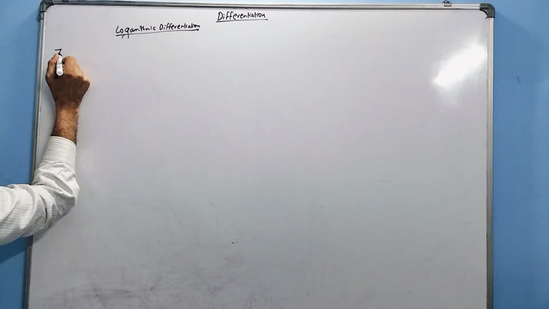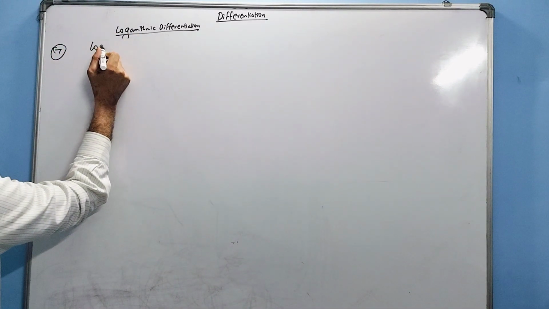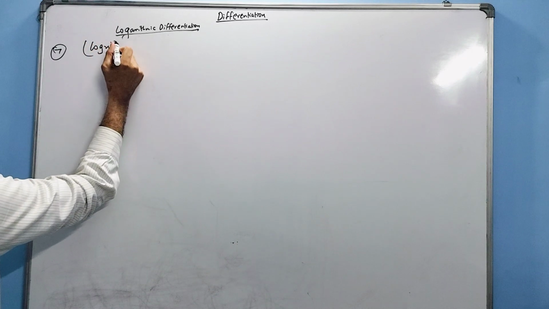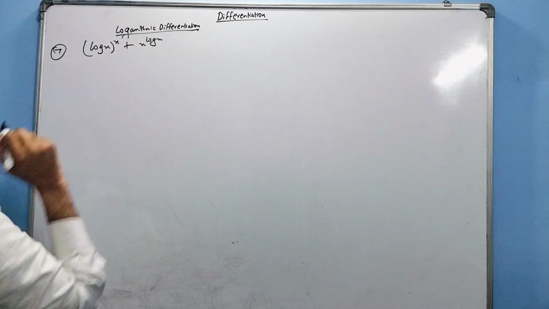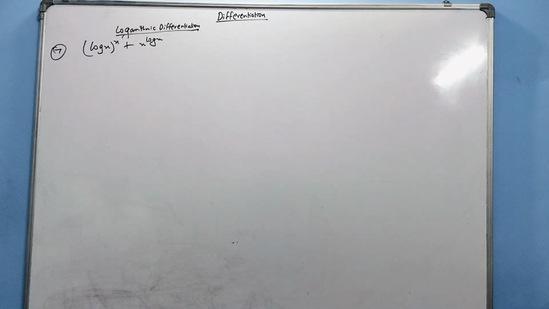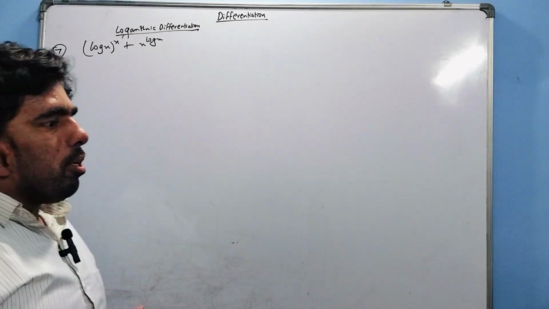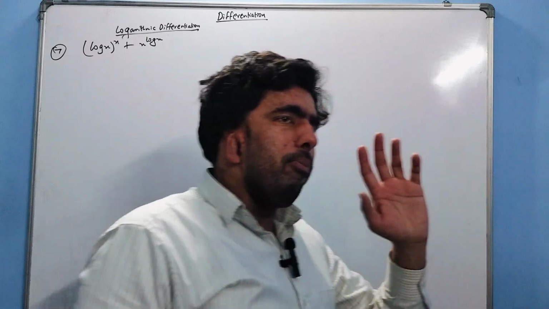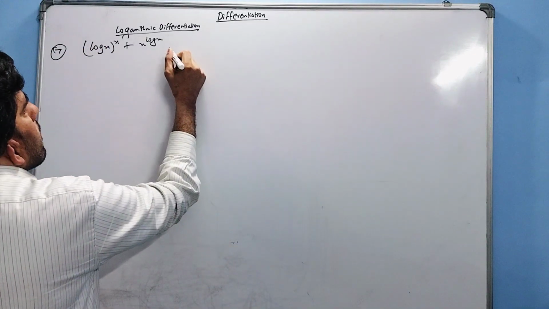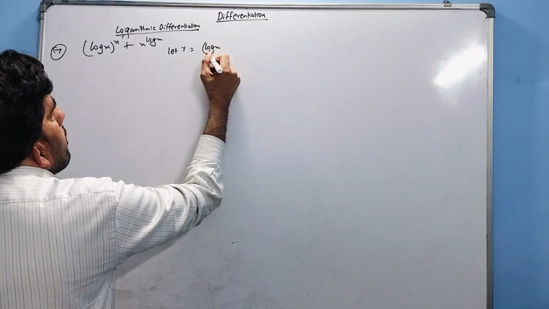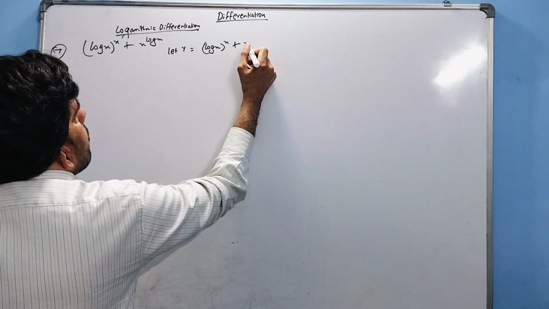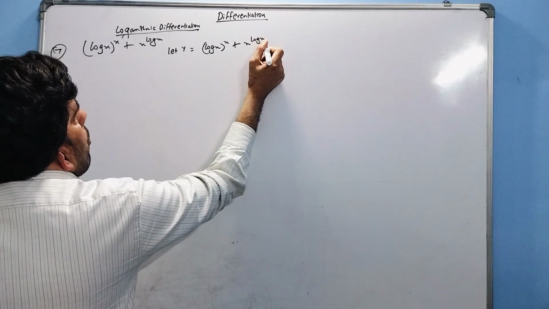The question says log x whole raised power x plus x raised power log x. Okay, so we have this. Now how we'll try to solve? We know the first step is, let us consider that y is equal to log of x whole x plus we have x raised power log x.